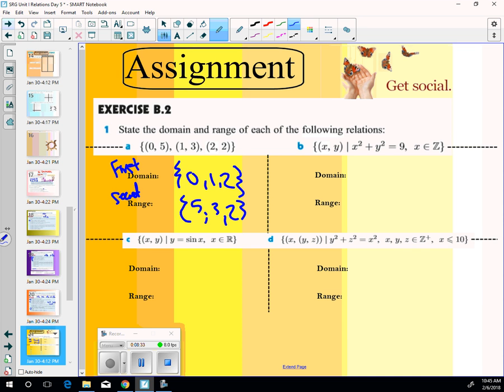Now, this is where it gets interesting. What values of x are in the domain for x squared plus y squared equals 9, x an element of Z? Well, apparently x is an element of what? Z, right? So what's the range going to be? Let's get tricky in a hurry.